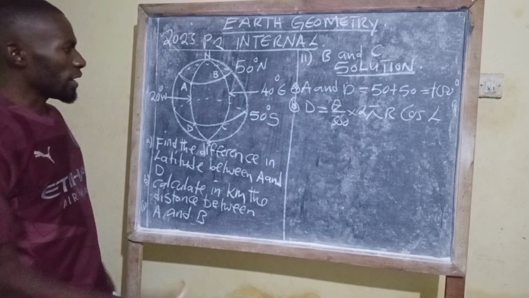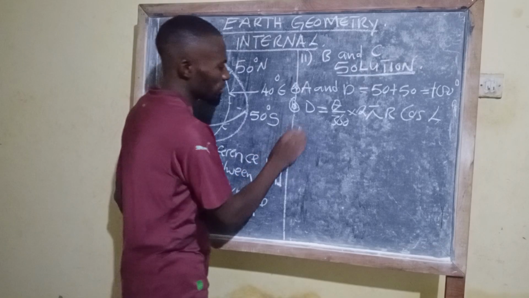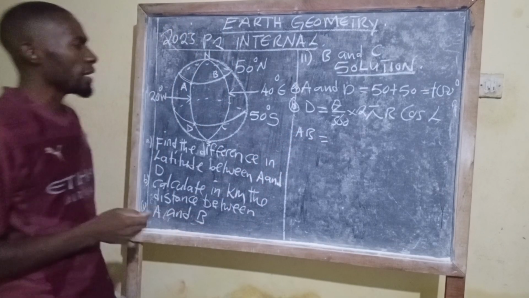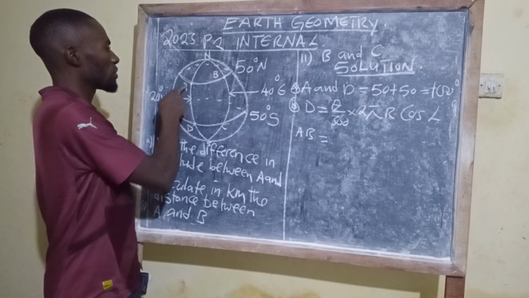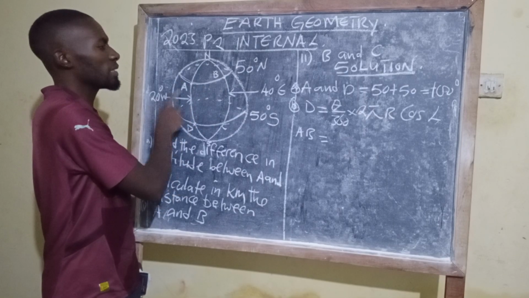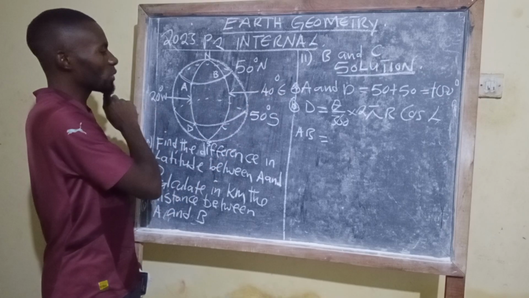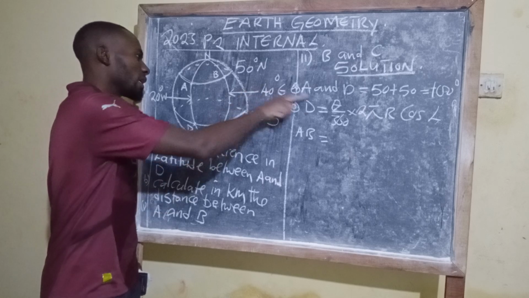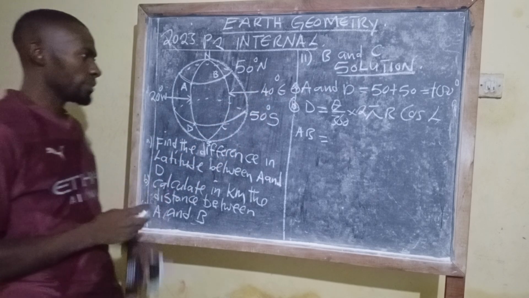Now let's substitute, because we are finding the distance AB. What is theta? Theta is the difference in longitudes. This longitude is 20 degrees west and this is 40 degrees east. The one is in the east, the other is in the west, so we add them together.